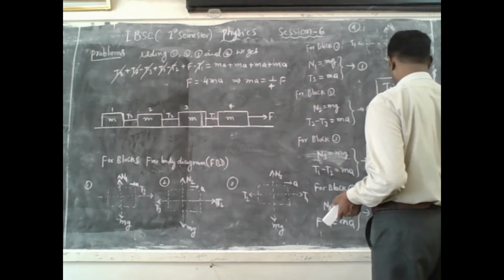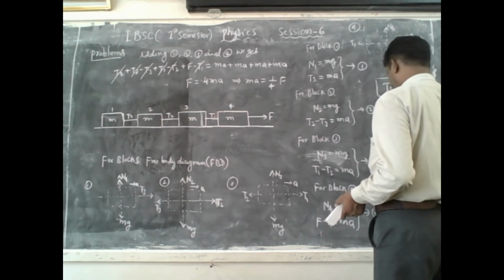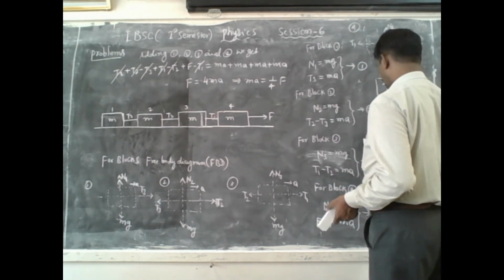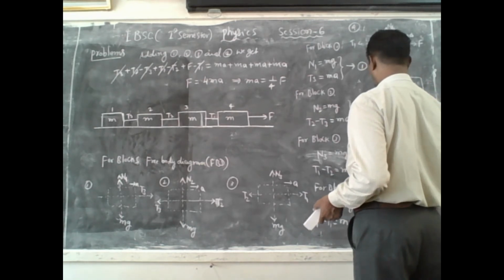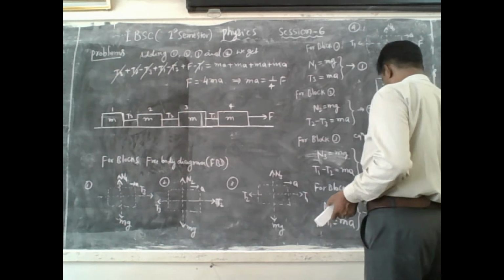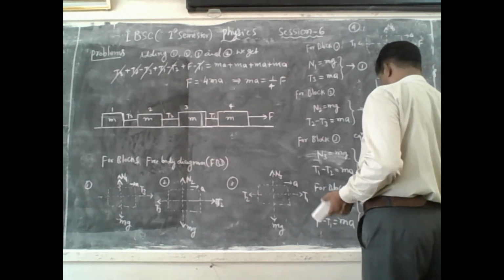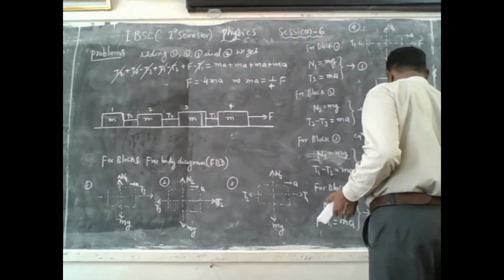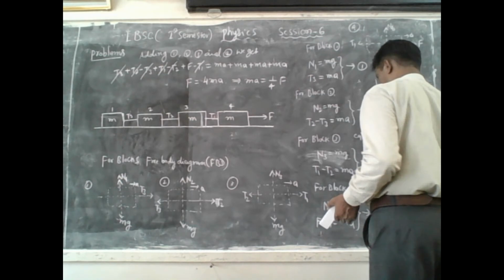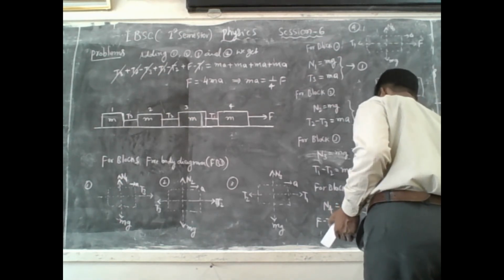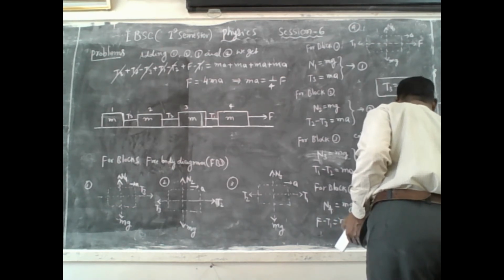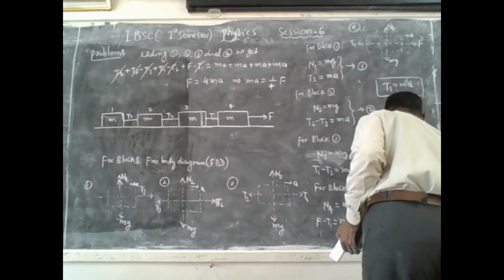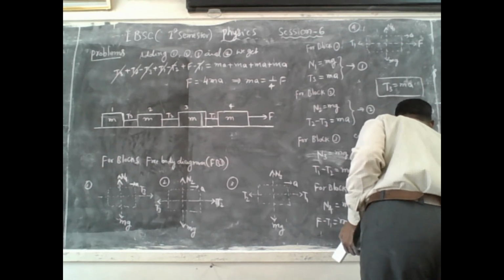Now from equation 3, T1 minus T2 is equal to MA, so T1 is equal to 3MA.